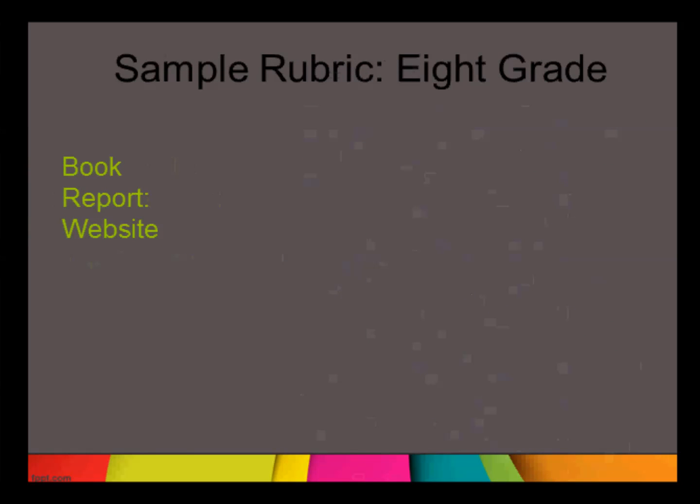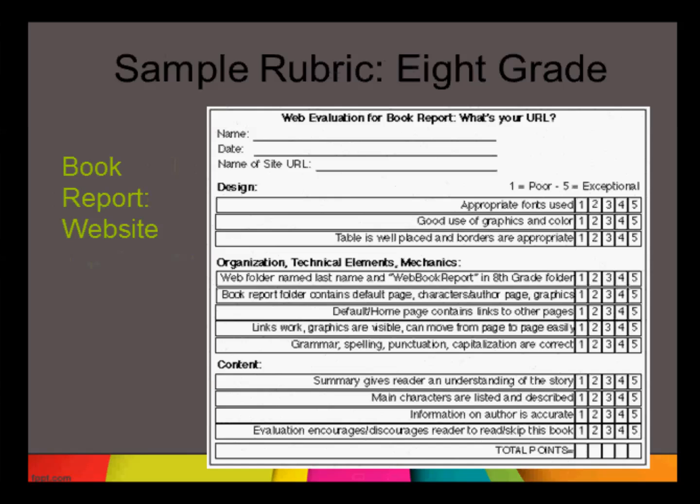Here's a sample rubric for the book report website, developing a website. And again, you can have 1 to 5, exceptional to poor, and then just the characteristics there. So it doesn't break it down step by step, it just gives you the actual criteria.